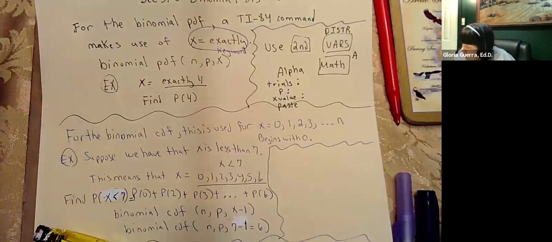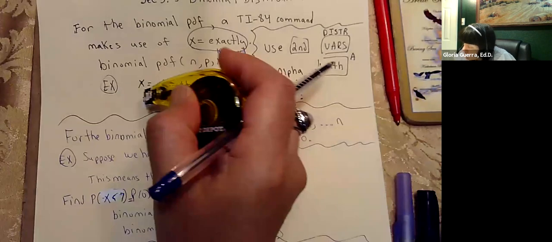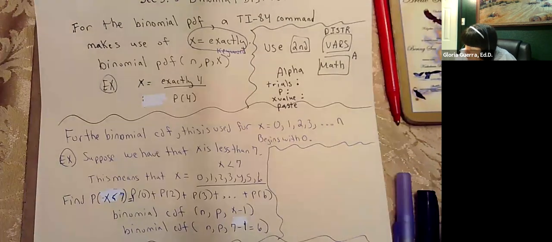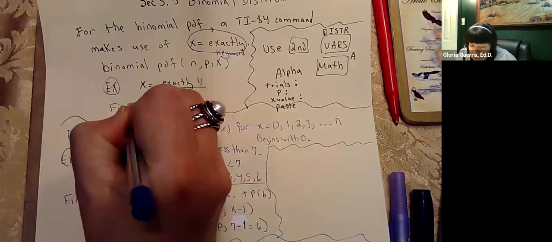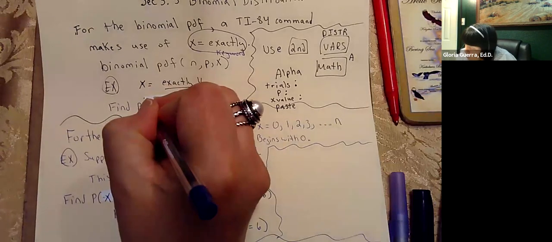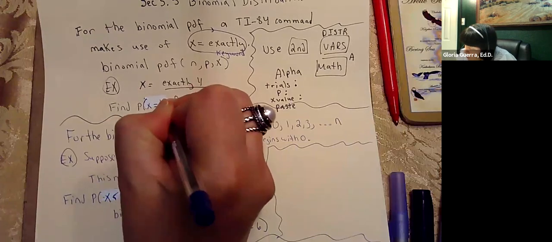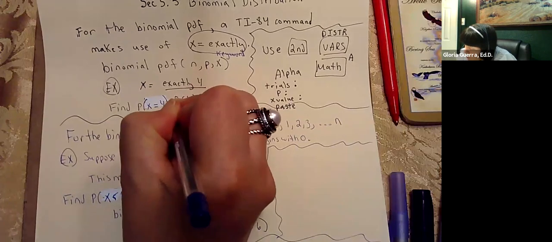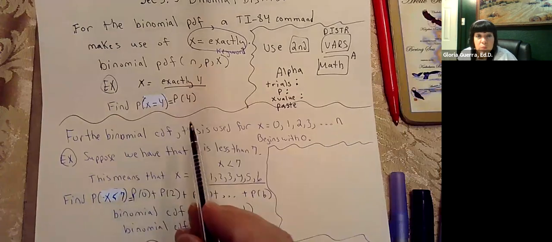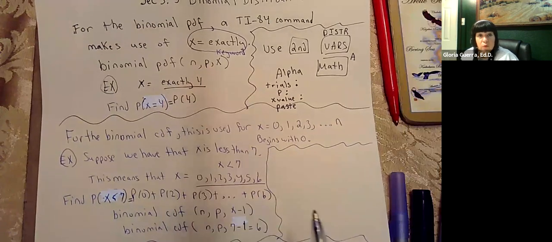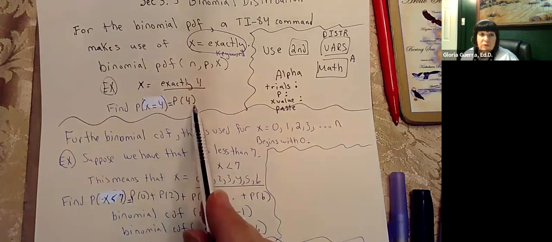so I can actually come back and do this. Find P(x equals 4), which is probably a 4. Okay, only 4, exactly 4.